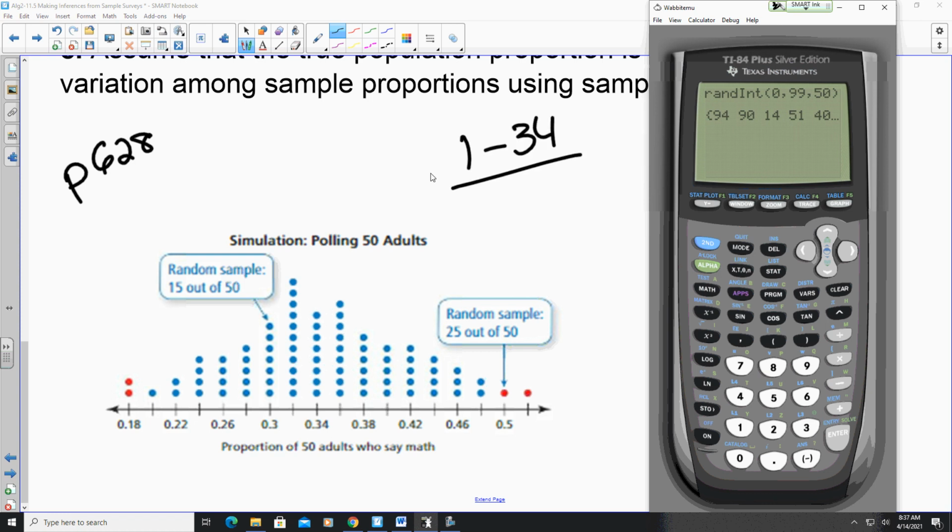Any numbers that were 1 through 34 in this sample are going to be votes for mathematics. Like this number 14 right here, that's a vote for mathematics. You scroll down, 73, no. I got a 4, that's a vote for mathematics. 33, that's a vote for mathematics. 99, no. 20, that's a vote. 79, nope. 22 is a vote.